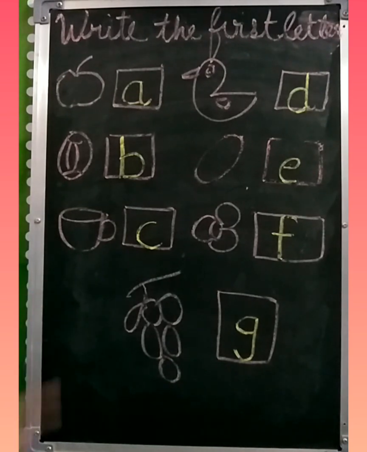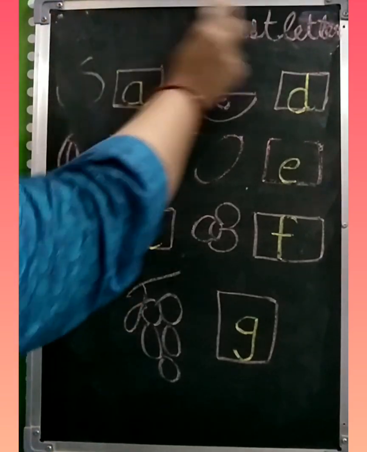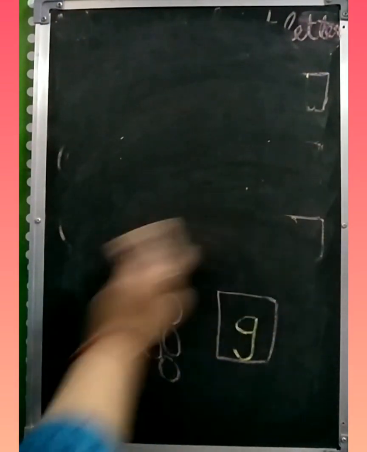Then after writing, you will color these pictures. Sorry, you don't have to draw, you have to color these pictures. Is it clear, children? After writing, you will color these pictures. Then comes the last exercise, that is draw and color.